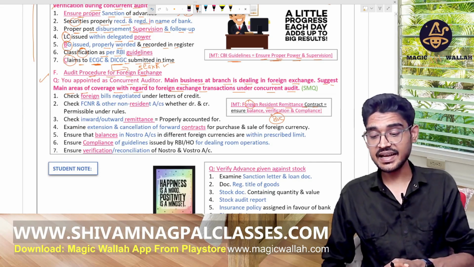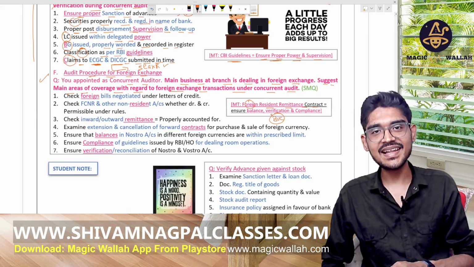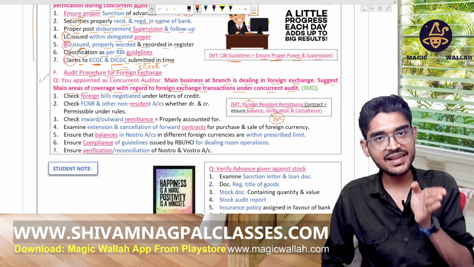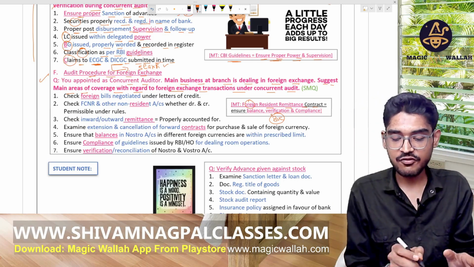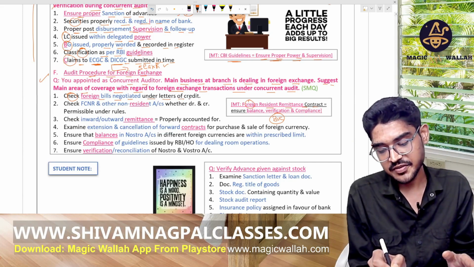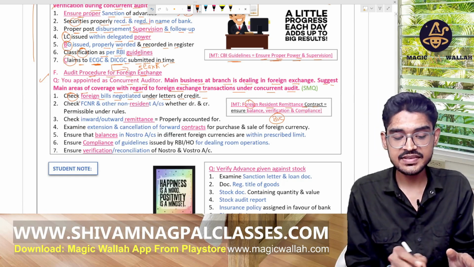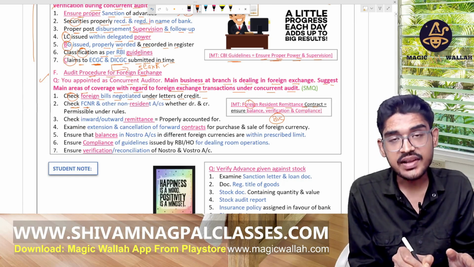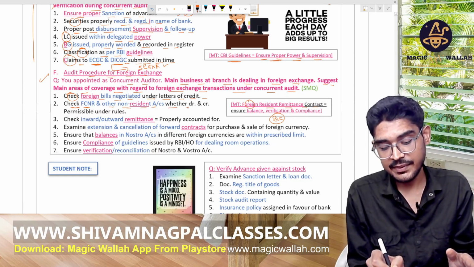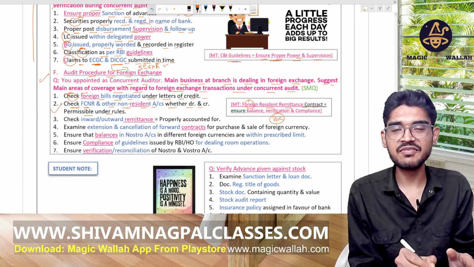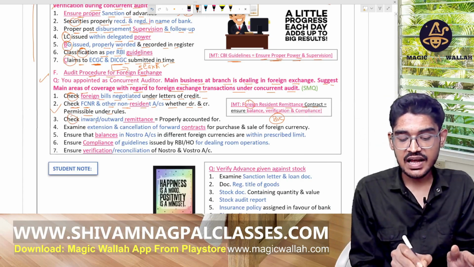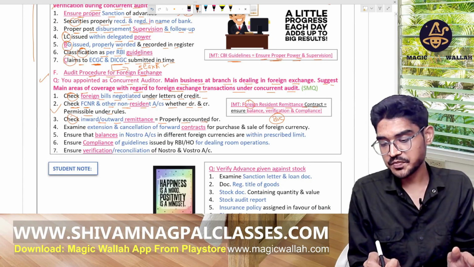So by foreign we mean check the foreign bills negotiated under the letter of credit. By resident we mean check the foreign currency non-resident and other non-resident accounts, whether debit and credit are permissible or not as per FEMA, etc. Remittance: check the inward and outward remittances are properly accounted for.